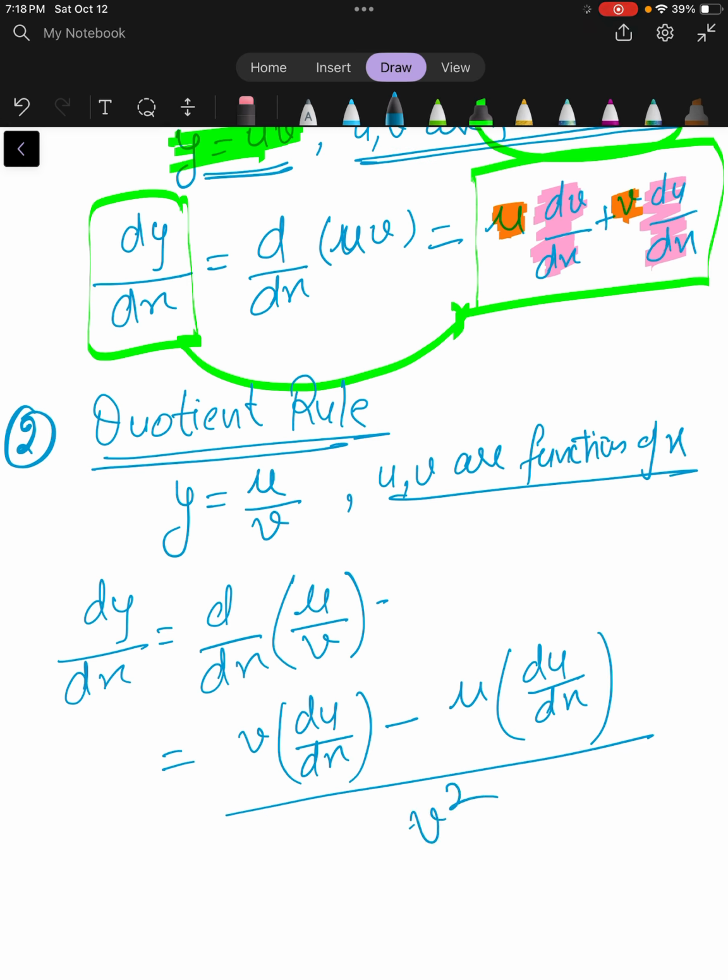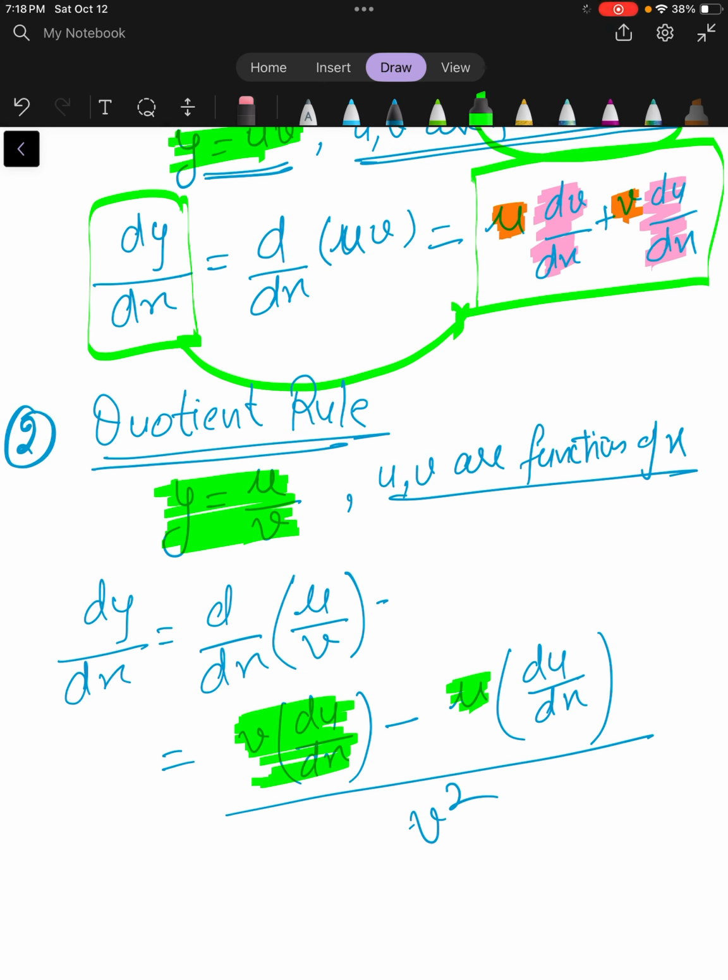So this is the quotient rule that we discussed. The quotient is when we have u upon v. First of all, we take the denominator as first and the differentiation du upon dx, then the minus symbol. Then the numerator and the differentiation of v.